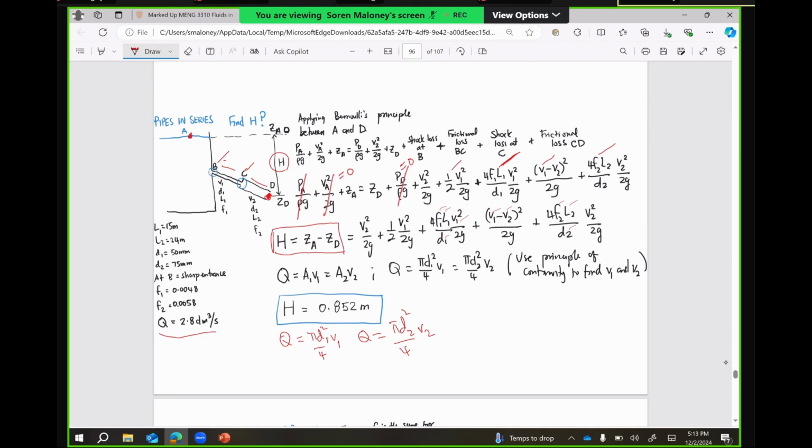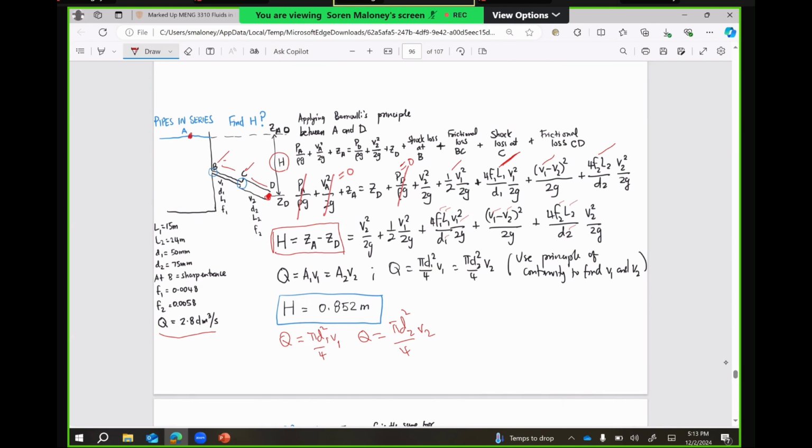No, I'm not given all of them. Some of them, which is why you have to use the continuity. Correct, I'm not given the velocities. I'm not given V1 and V2. If you notice, I'm calling V1 the velocity in the first section of pipe, and V2 the velocity in the second section, because you know that if you have a change of section, the velocity is going to change.